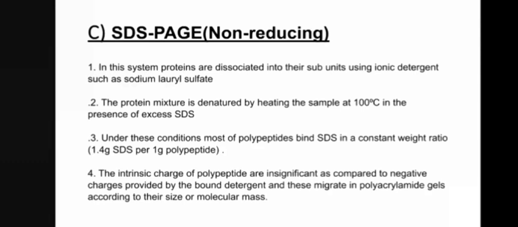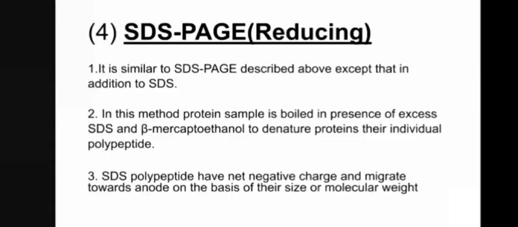Under these conditions, most polypeptides bind to SDS in a constant weight ratio of 1.4 grams of SDS per 1 gram of polypeptide chain. The intrinsic charge of polypeptides is insignificant as compared to the negative charge provided by the bound detergent, and these migrate in polyacrylamide gel according to the size or molecular mass.